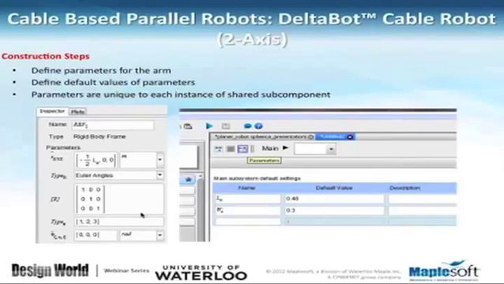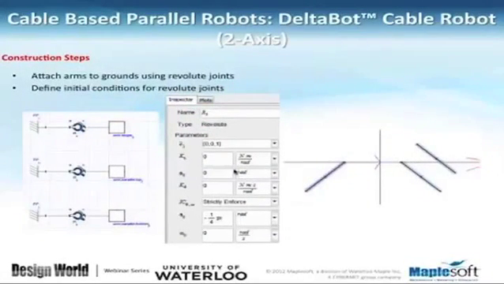In this case, we have collapsed them into one single box in order to eliminate any clutter in our model. Now these revolute joints are in fact the revolute joints that you see in this picture, and the revolute joints are connected to those arms.